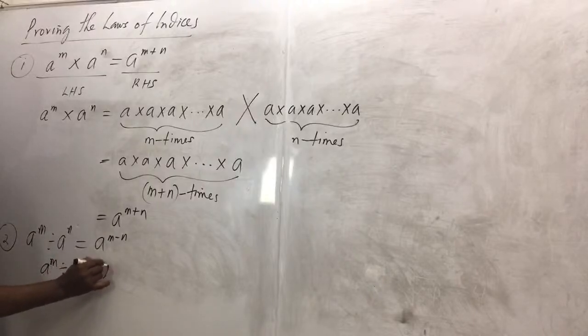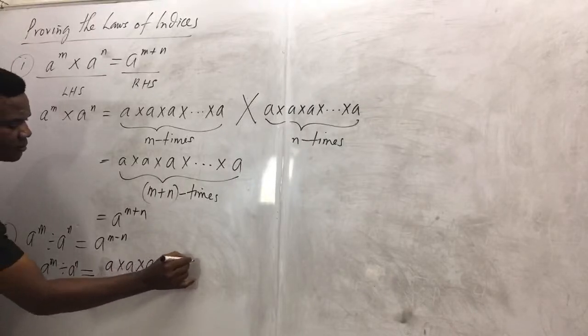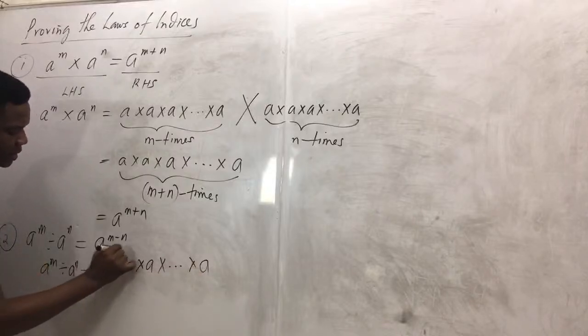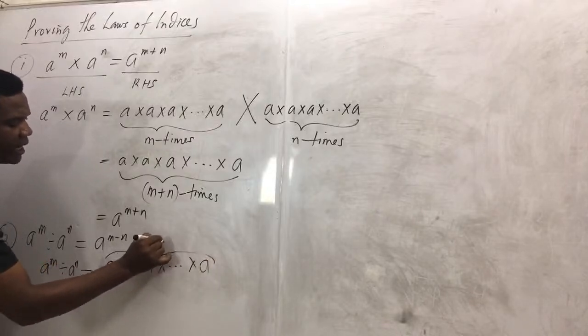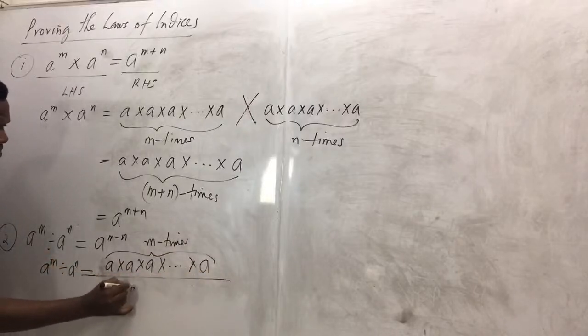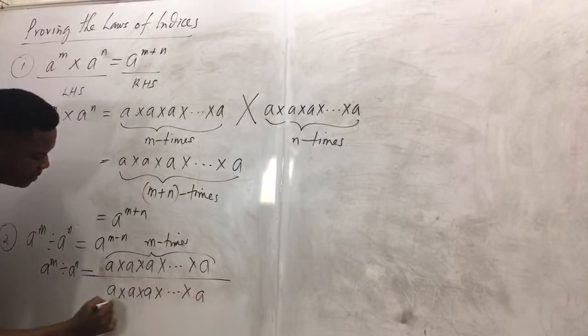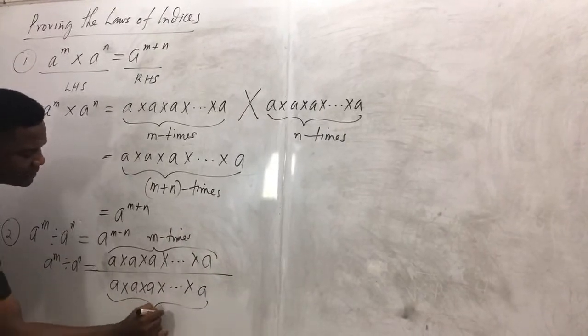Now, this is a raised to the power m. I'm going to write it as a times a times a times ellipsis, a total of m times, divided by a times a times a times ellipsis, a total of n times.